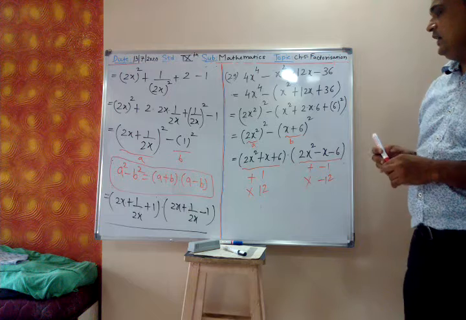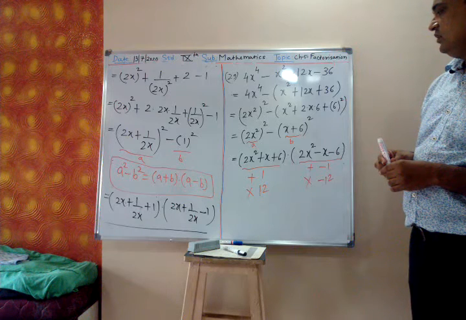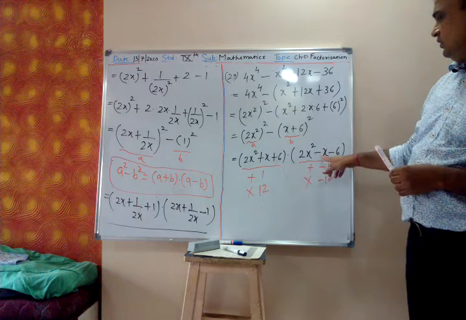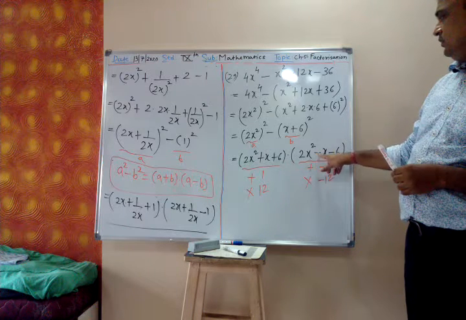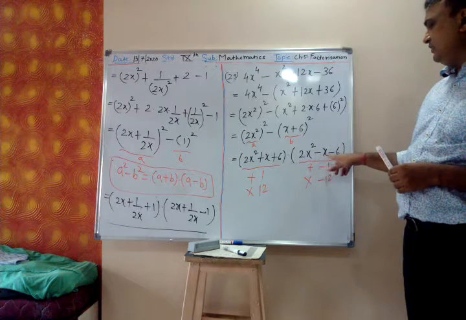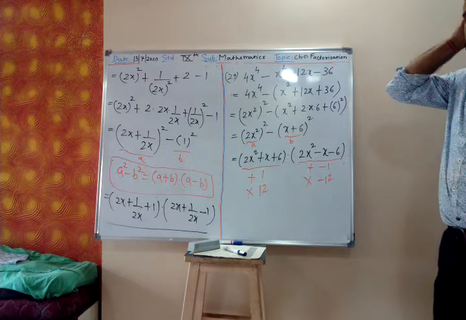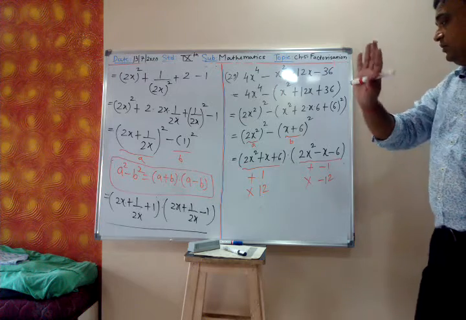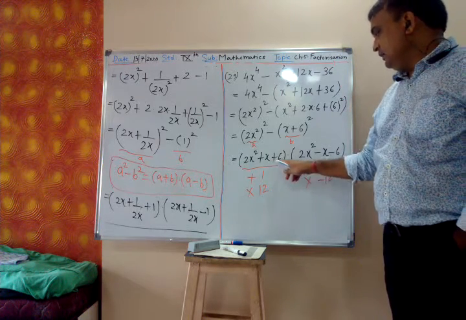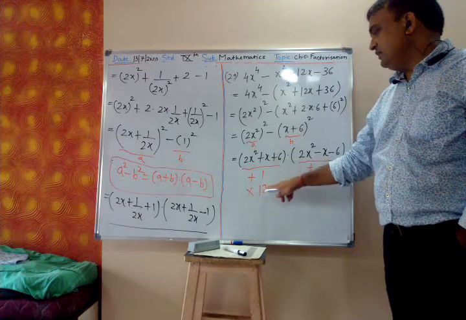Minus x minus 6. You cannot take 4 and 3, because there you can take 4 plus 4 and minus 3.